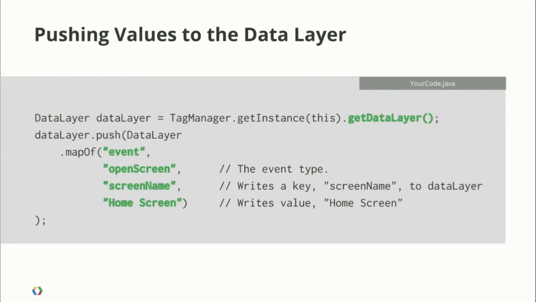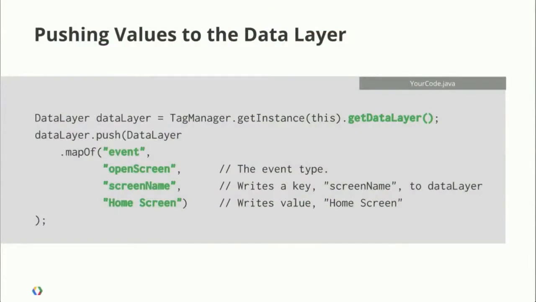This is also a cheap call, so pushing to the data layer is quite inexpensive. If there are no tags that have rules associated with that event, it's a very simple and easy call. So you can afford to push data layer events really anytime anything interesting is happening in your application. Everything else really happens on the web side as you're editing your container and creating rules, tags, and macros.